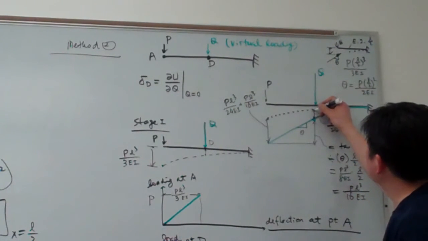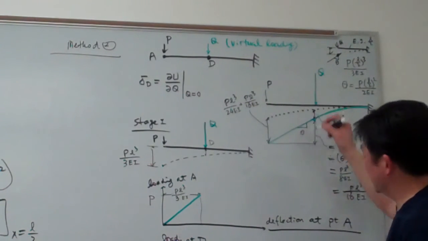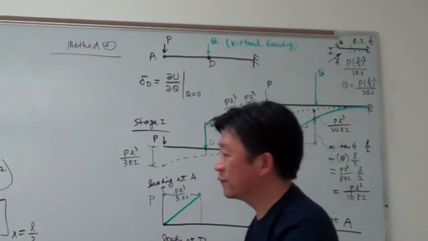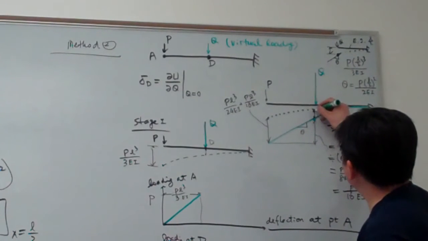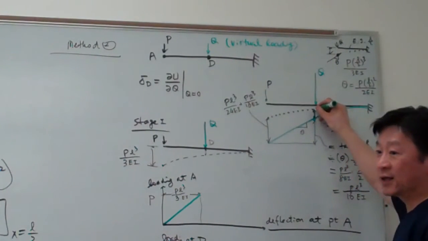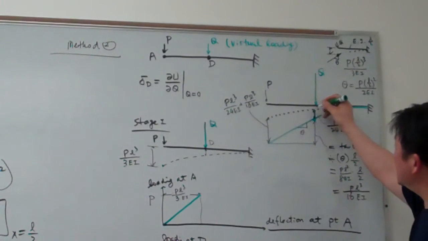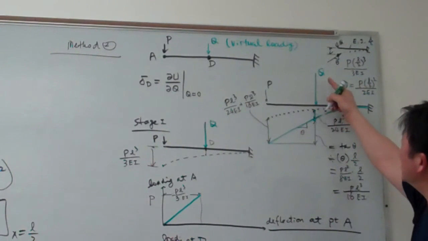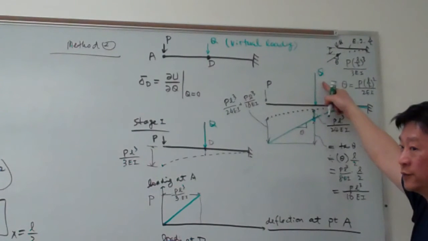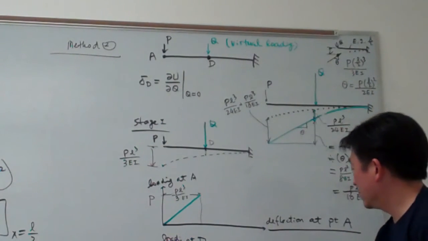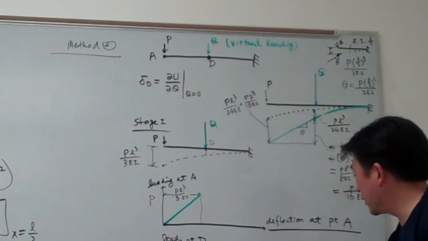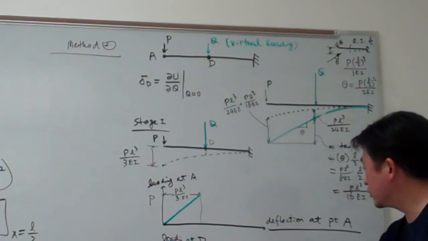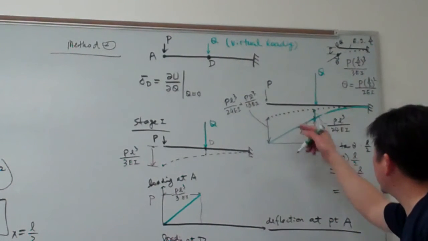This portion represents, here again, this is a key. This portion represents the deflection at point D contributed by force Q. So let me write this one here.